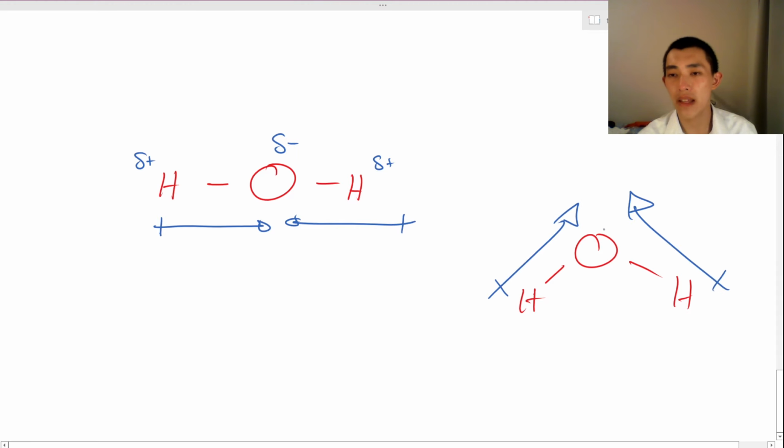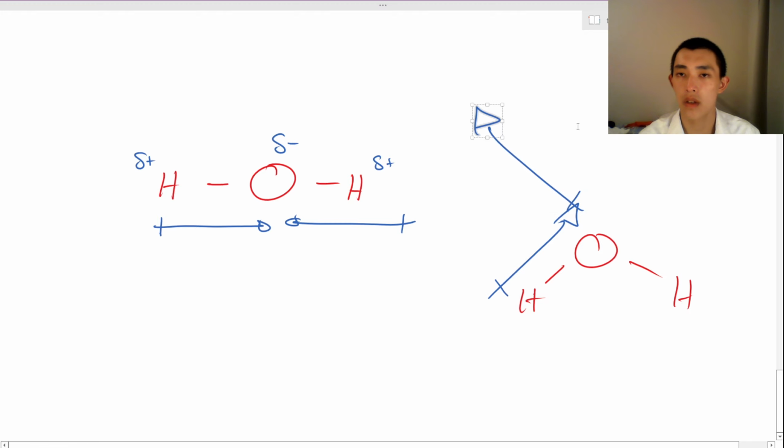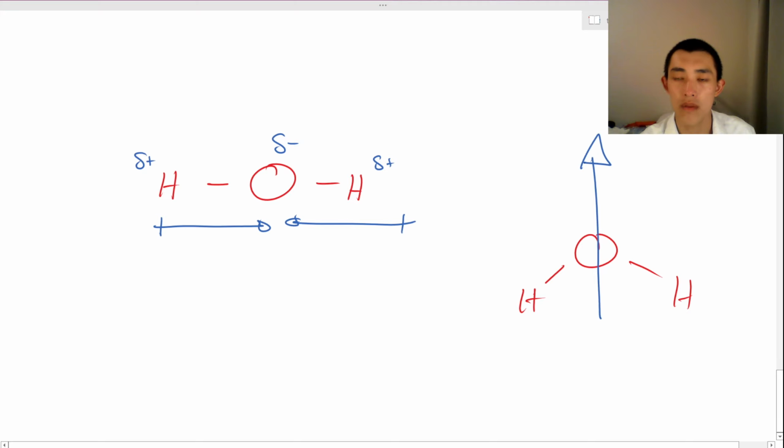And so if you were to add these two vectors up, well, what do you get? Well, if you would add these tip to tail, you see that you do get a nice upwards vector like that. So the overall vector that you get is a big upwards vector like that. And so we do have a net dipole.